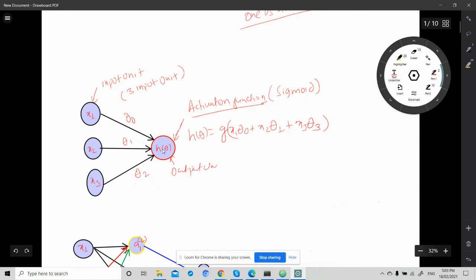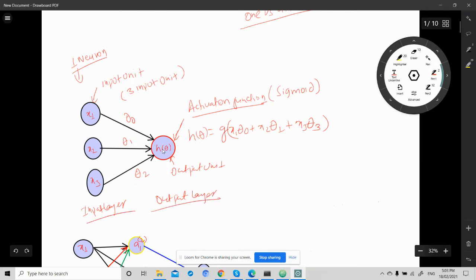Here this is my computational unit, and this whole structure is called a single neuron, one neuron, because our output is one. That's why it's called a one neuron architecture. So this is my one input layer and one output layer.